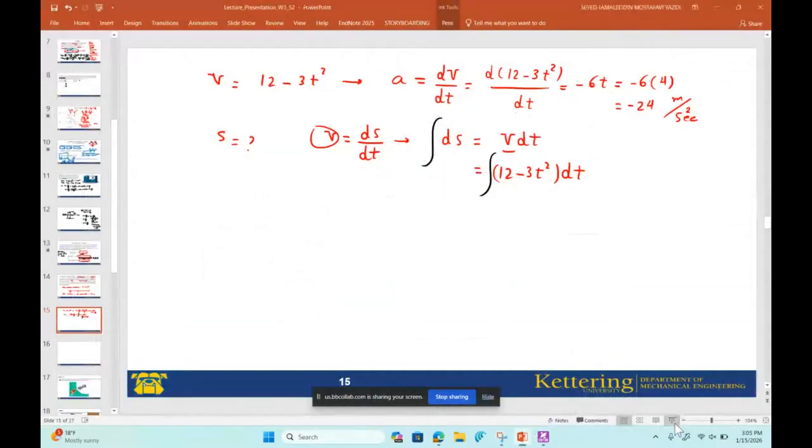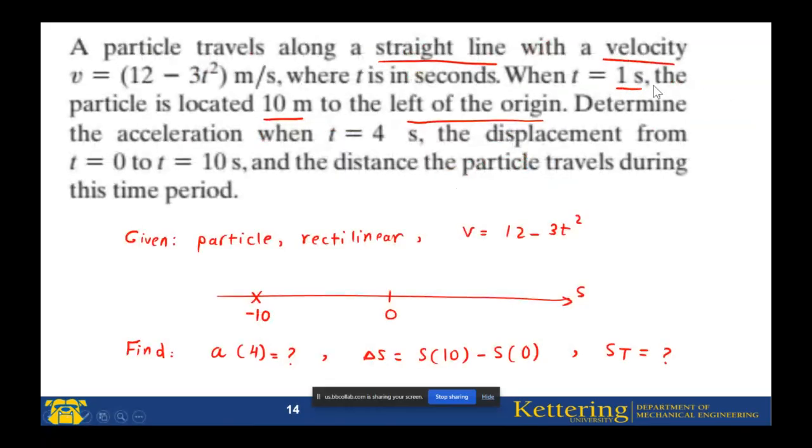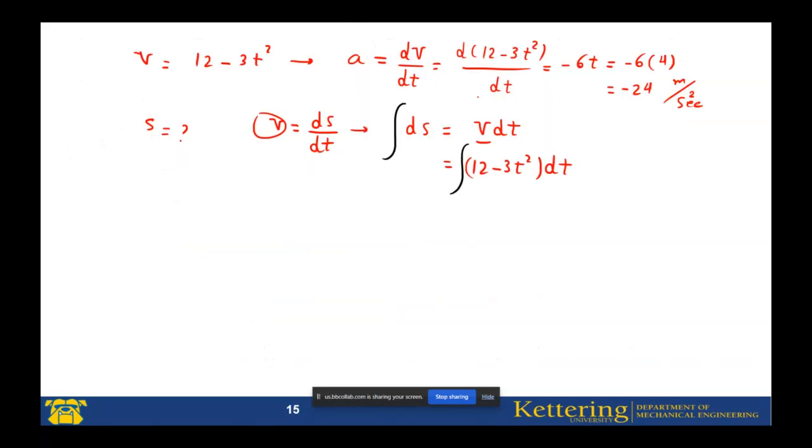Okay, now is to take this integral, but there's some tip on this. You will see that the only information I have is at the time 1, the S is given to us. This is the information given in the problem. Now, it means that at the time t equal 1, S is minus 10.